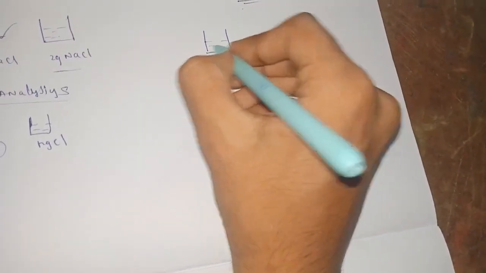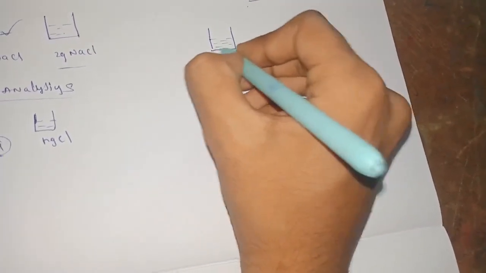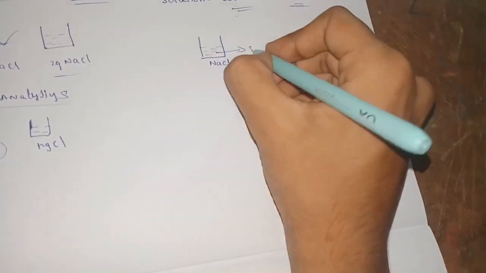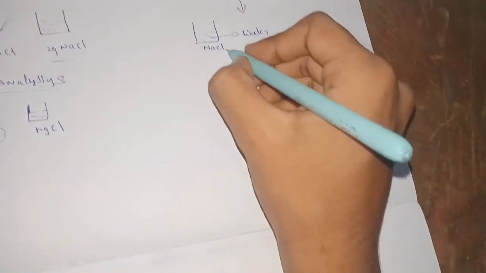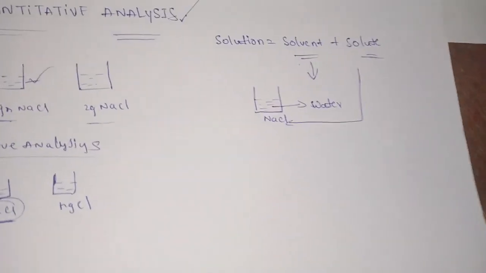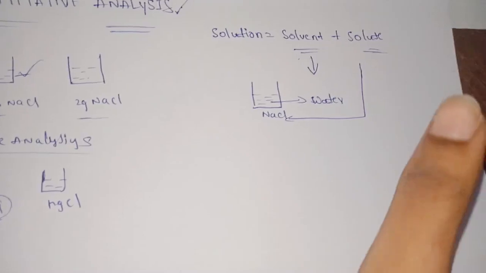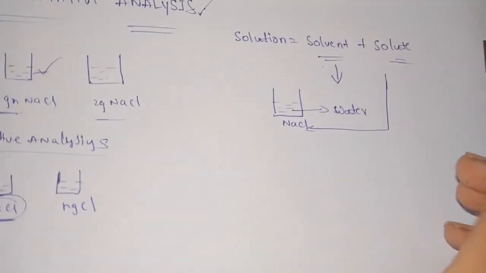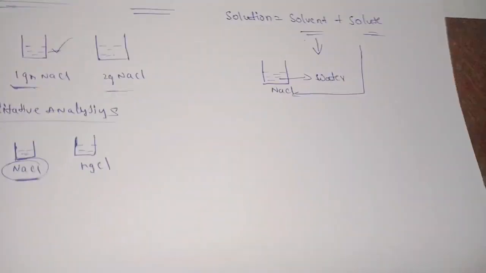It is a solution of NaCl. So its solvent is water, and its solute is NaCl. So like this, the sum of solvent and solute is called a solution, simply.